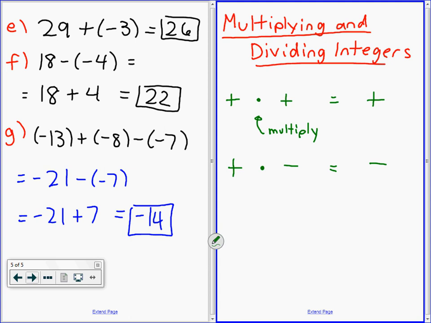Laura, you're up. If I do a negative times a positive, is it going to be positive or negative? Okay, now let me just show you why. You're starting at negative, positive doesn't switch anything, right? So it just stays the same sign. So you start with a negative number, you multiply by a positive, nothing switches, so it stays negative.